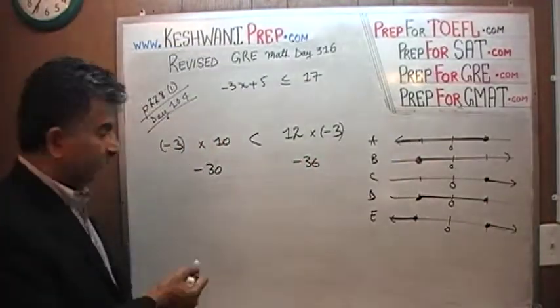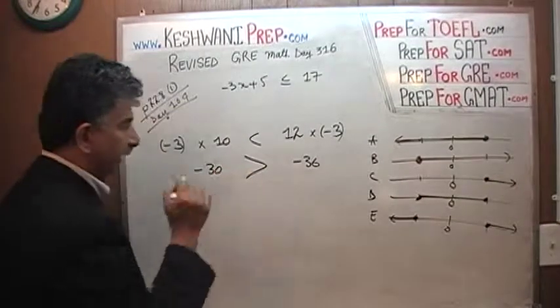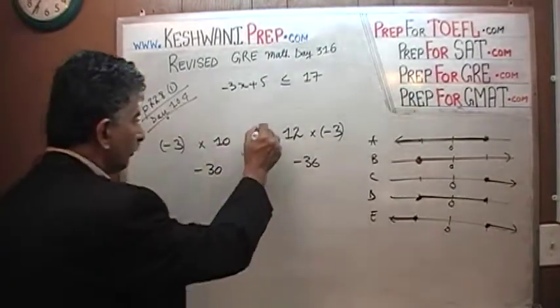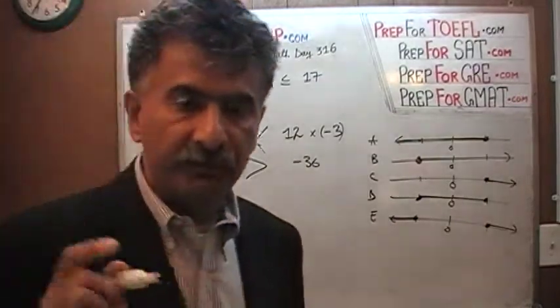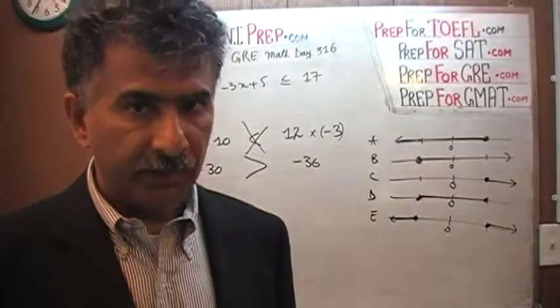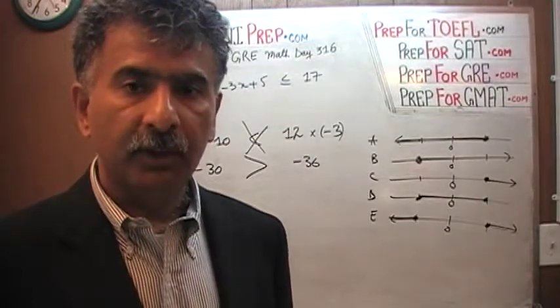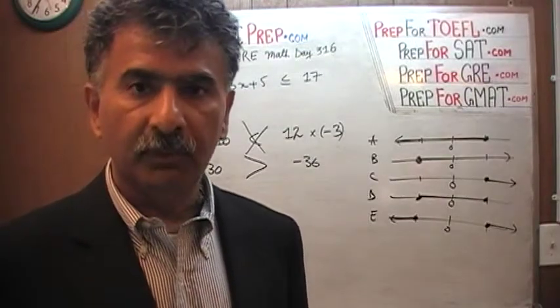And now we can see the negative 30 actually is greater than negative 36. That is no longer true. So when we multiply both sides of an inequality by a negative number, the direction of the inequality switches.